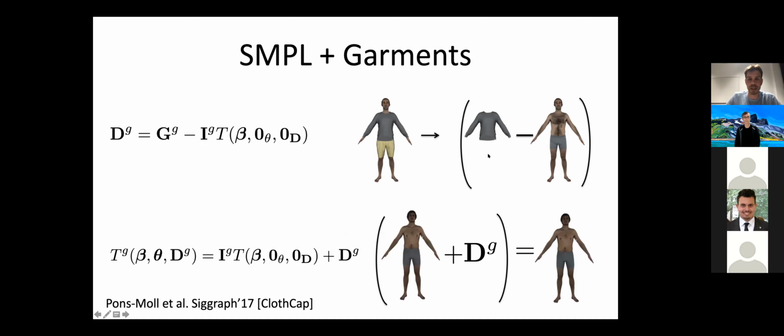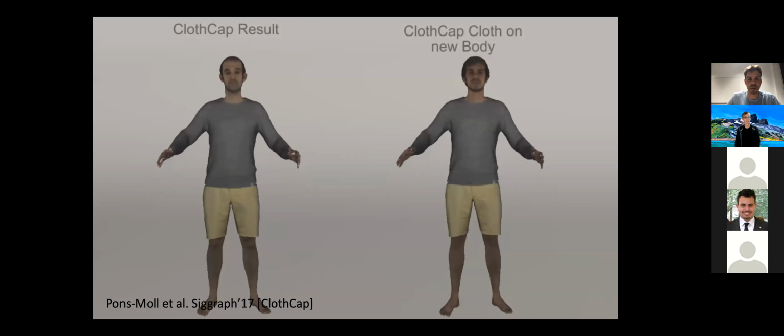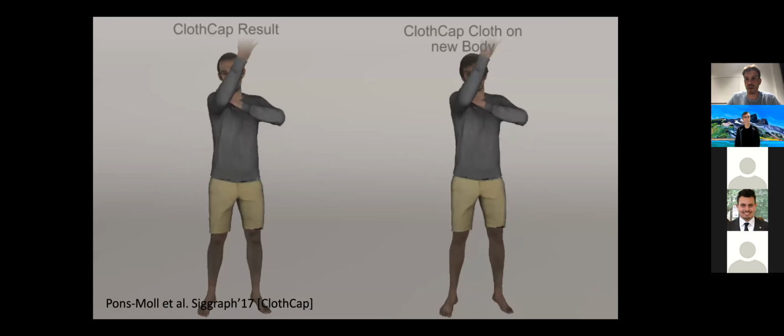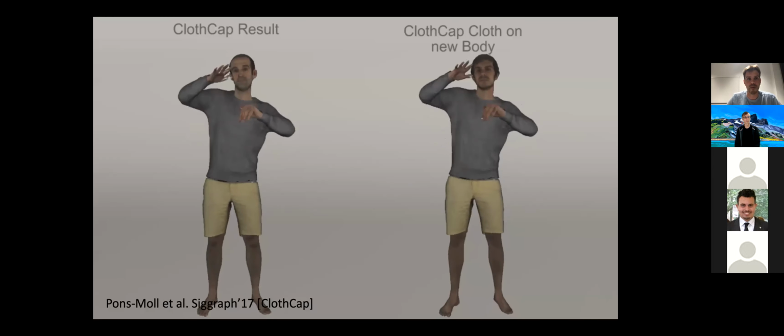Now you can take this displacement D that you computed in the source, and apply it to a target shape, in this case, this guy over here. You apply the displacement that you computed from the source, and you can basically clothe people by just applying a set of displacements. Very simple, but it's surprising how well this can work. Here we did it for animating 4D scan sequences.